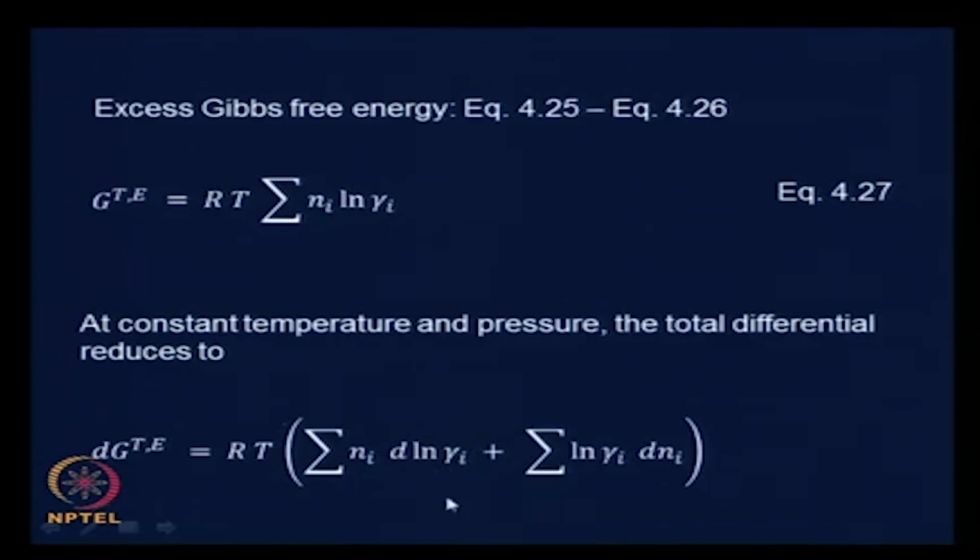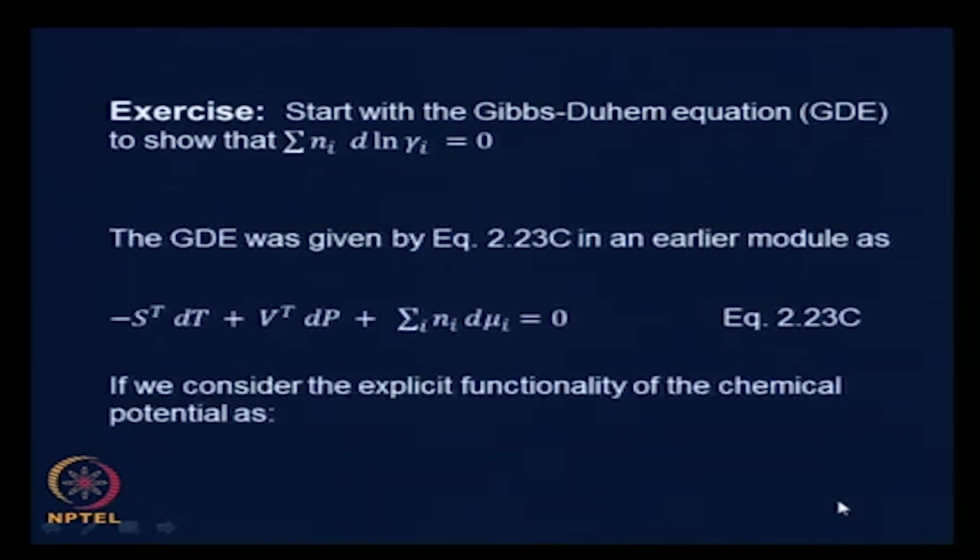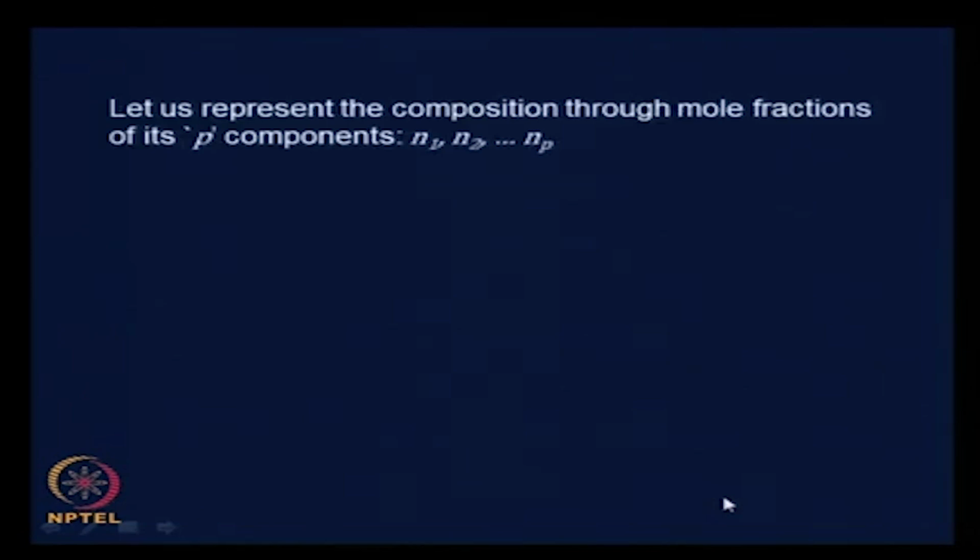We had worked that out together so that it will strengthen some of the ideas in you, and therefore we were left with dGTE equals RT times the sum over ln gamma i dNi. This is the process that we went through, a very interesting kind of derivation. You may want to look at it again.